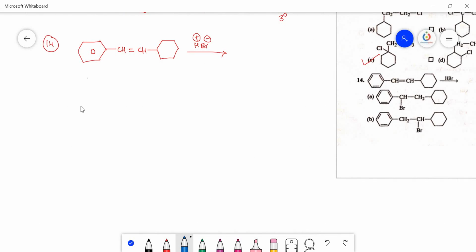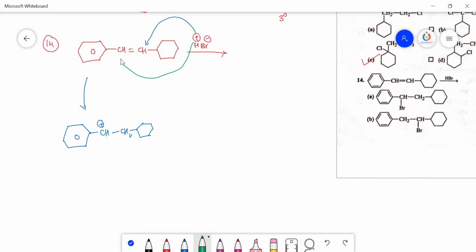Possibility 1: imagine that H plus is attacking over here, giving positive charge at this particular position, CH plus, CH2, cyclohexyl part. And if H plus is attacking at this other position, then the second possibility is CH2, CH plus and the cyclohexyl group.